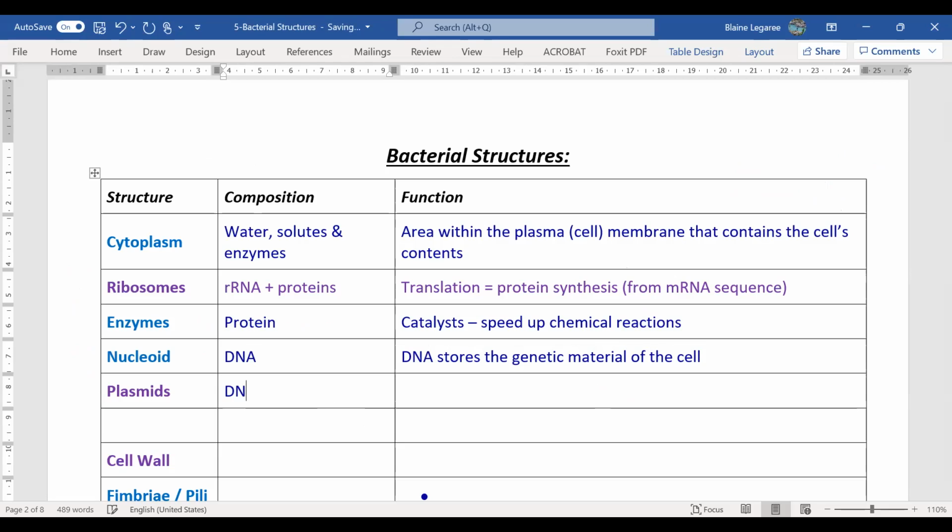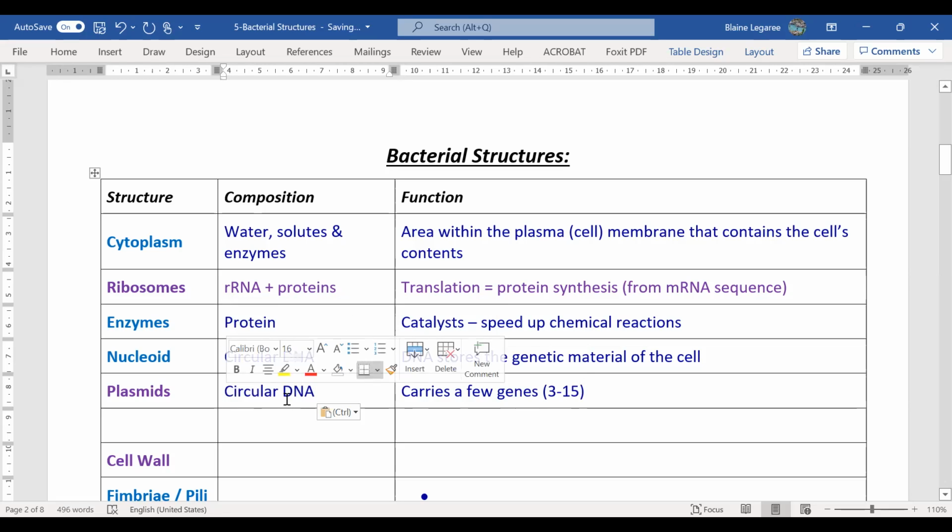Plasmids are also made out of DNA. They carry a few genes, typically, like I said, 3 to 15. Could be a few more, could be only one gene, but that's the typical range. Maybe I will add that this is circular DNA, because of course that would be true.